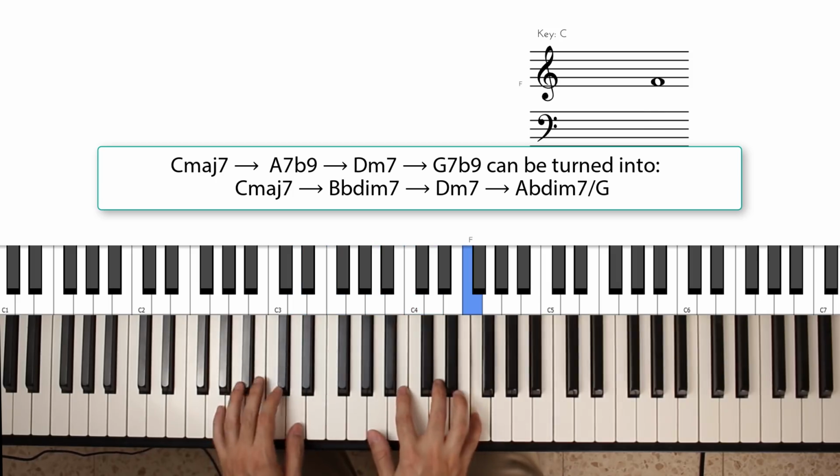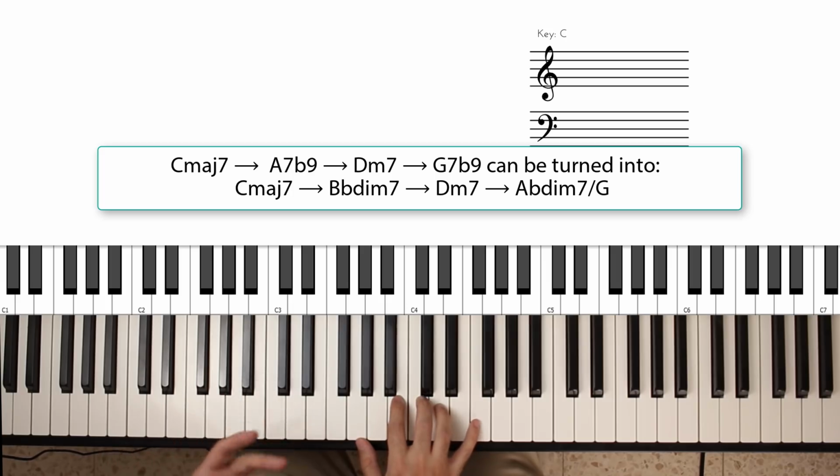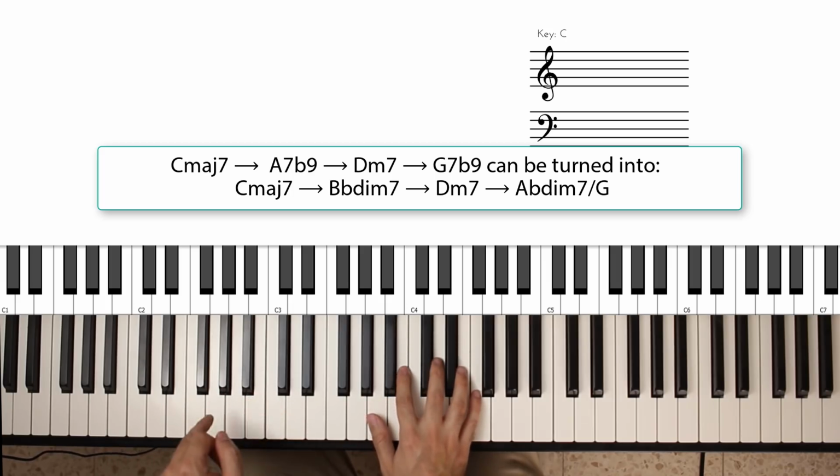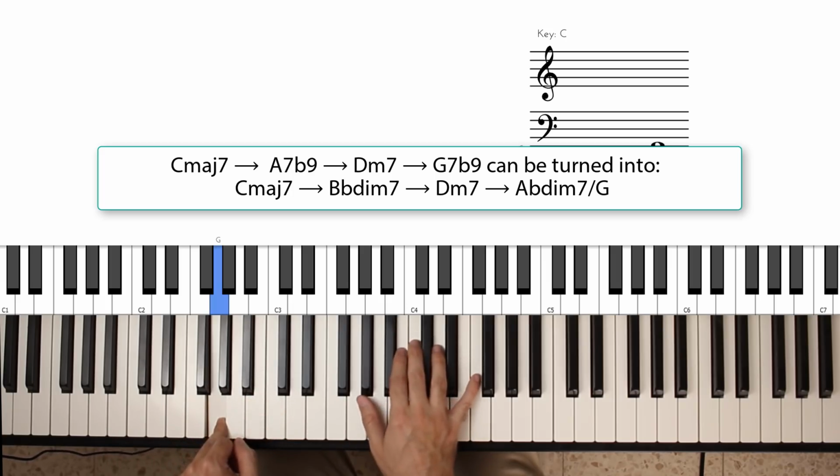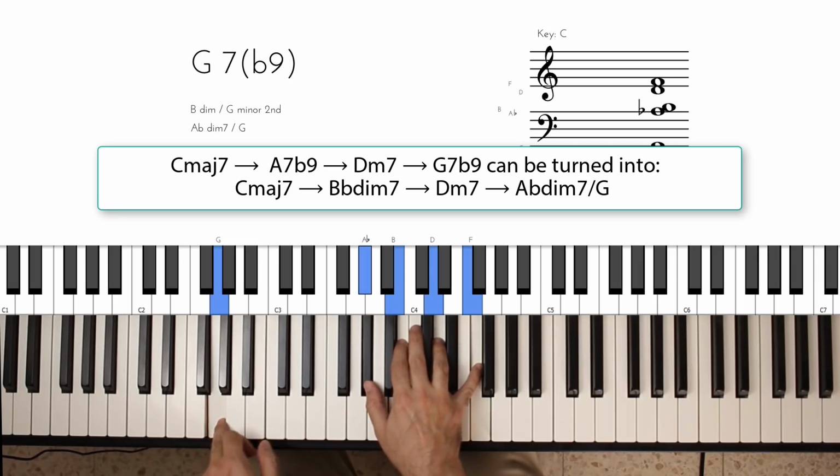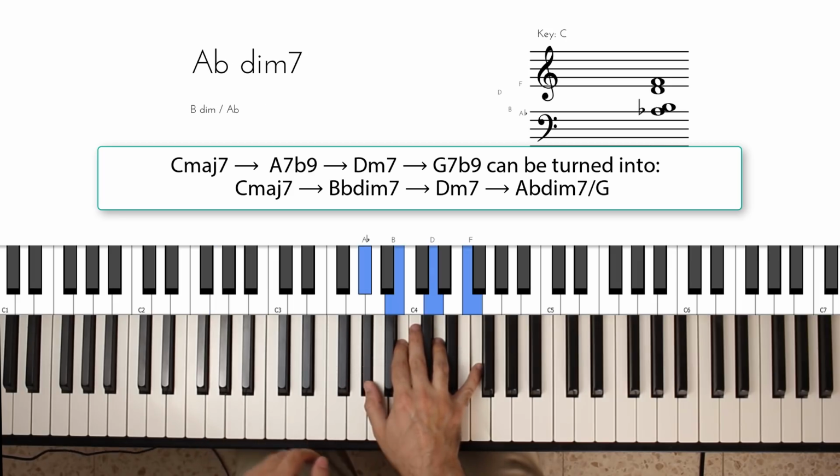And now I can do the same thing with a G. Instead of playing just a boring old G dominant 7, I can play a G over a bass of, in this case, A flat diminished 7.